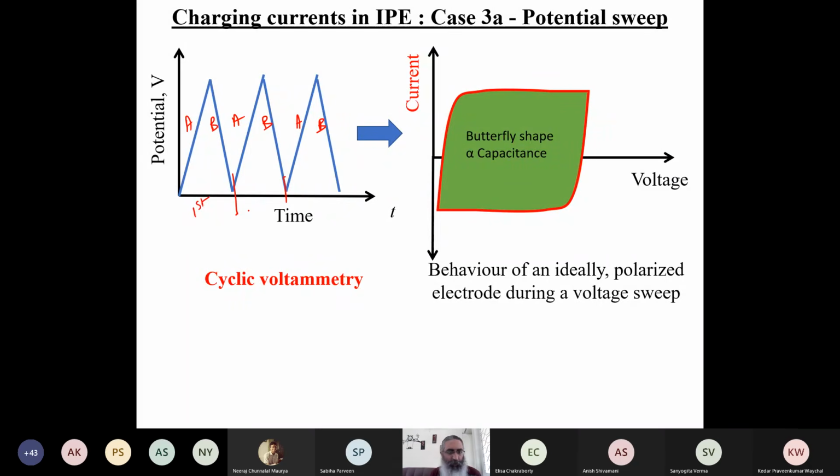This becomes my second cycle, initial to peak and peak back to initial, then a third cycle, and so forth. You are cycling the potential between VI and VP, ramping it up and ramping it down is one cycle. You are repeating the cycle, and that is why this technique is called cyclic voltammetry.